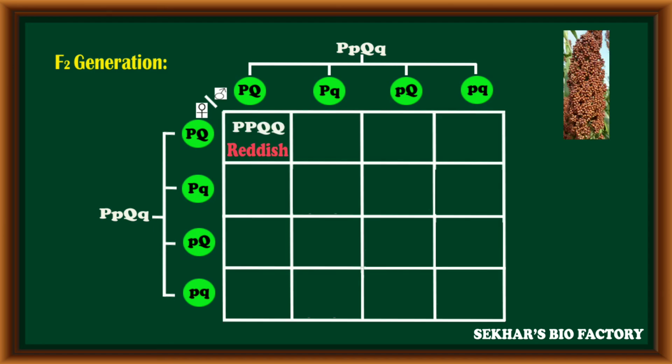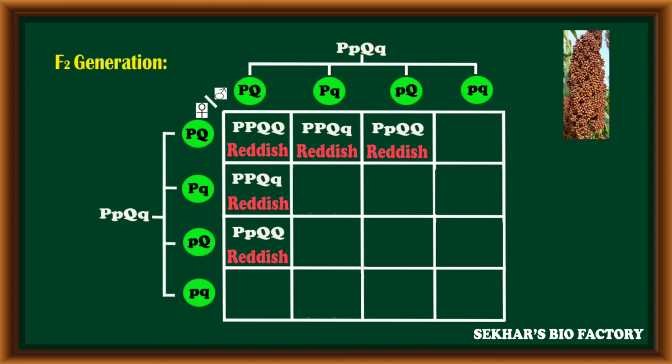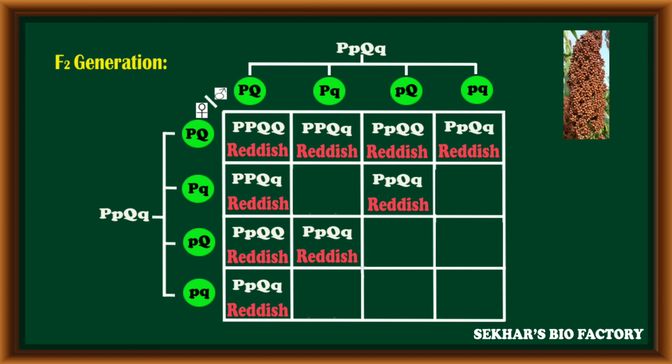In this F2 generation, in the first combination, because of the P Q alleles, the grain color becomes reddish. In the next combinations also, P Q reddish grains are produced. Now, with both genes in heterozygous condition, P Q reddish grains are produced.